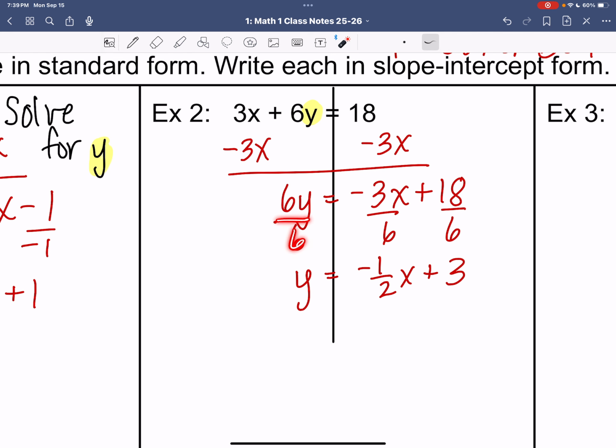So you have to divide each term by 6. That simplifies to positive 1. That's what we want. Y, and then I've got a negative 3 and a positive 6, which gives you negative 1/2. Don't forget your x. And then 18 divided by 6 is 3. So this is in slope-intercept form because the y is by itself.